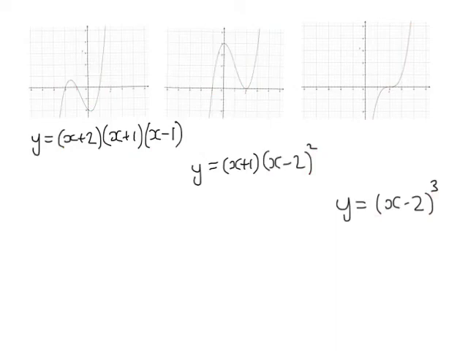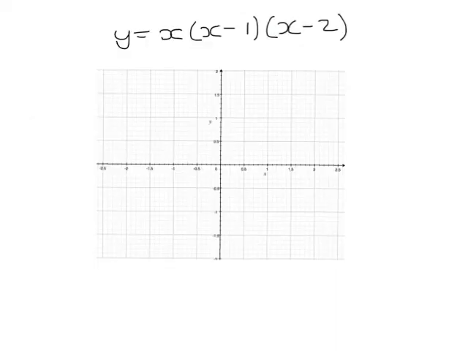Now we're going to do the reverse of what we've just done. We're going to sketch a cubic given its factors. We're told a cubic is equal to x times (x - 1) times (x - 2). Now this x here means that our first root is at the point where x equals 0. So let's just mark that on our graph there.